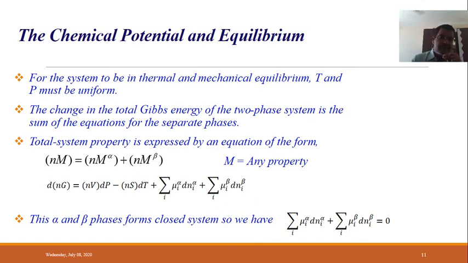Then and only then will you have the simple relation d(NG) is equal to NV dP minus NS dT for a closed system. So these two summation terms are equated to 0 here: summation of mu i alpha d(ni alpha) plus summation of mu i beta d(ni beta) is equal to 0.